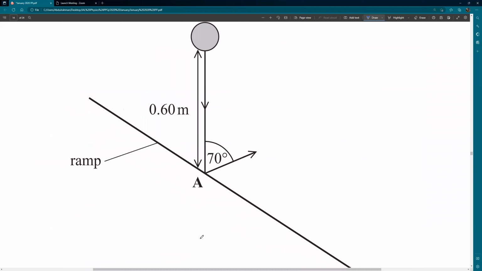So I know that the velocity as soon as it bounced, here's the direction, was 3.43 meters per second. And I want the horizontal component and the vertical component. Well, if this is 70 degrees, this has to be 20 degrees because that makes a right angle.